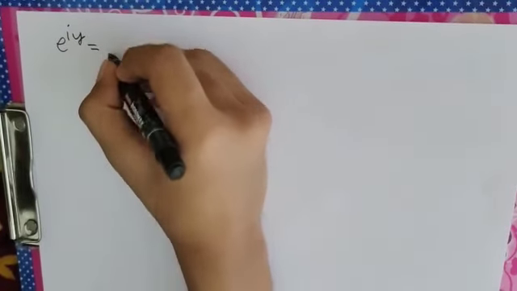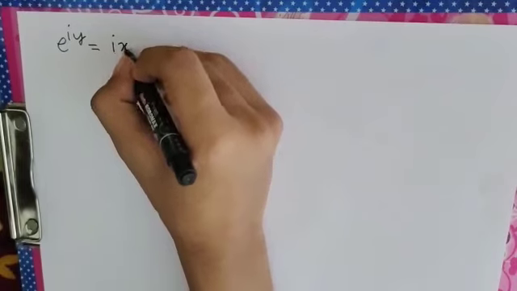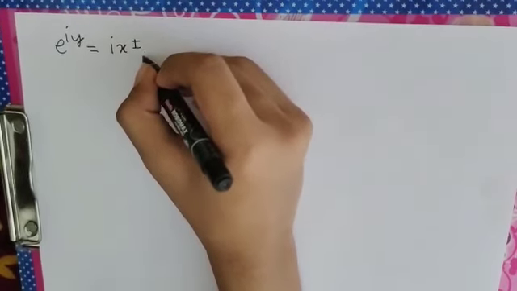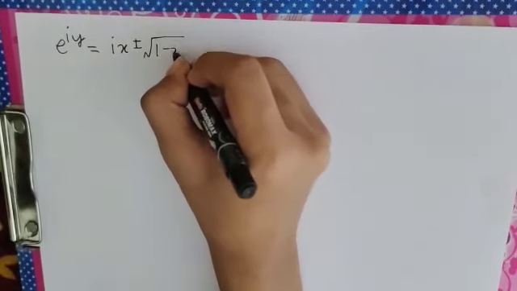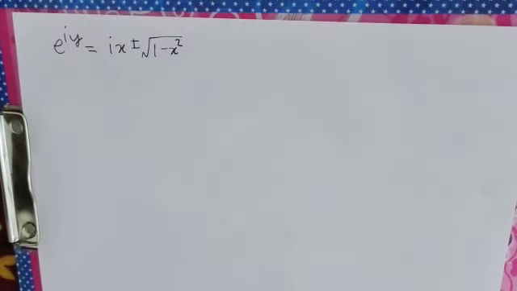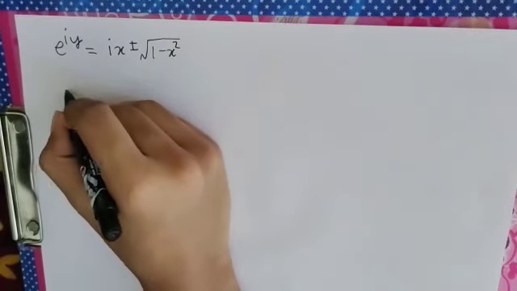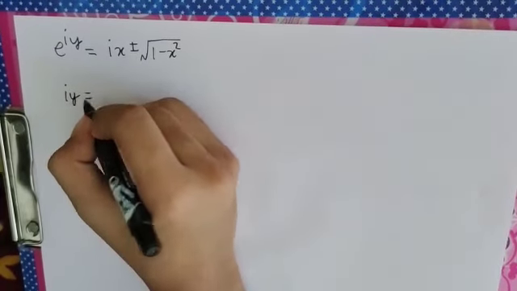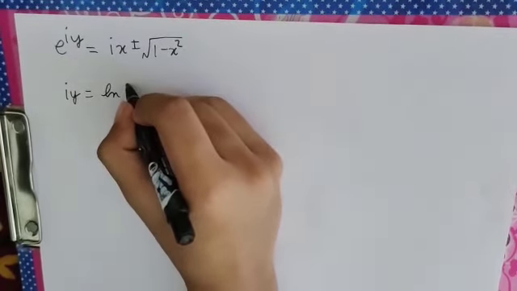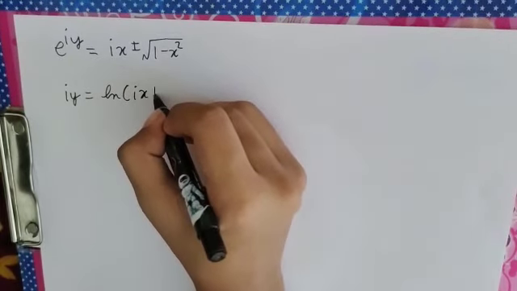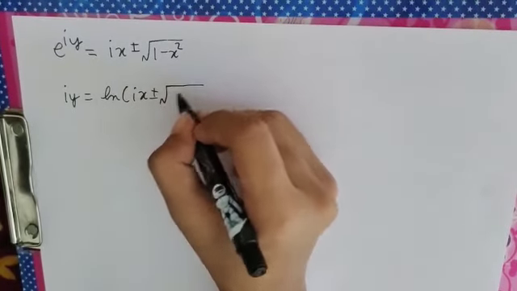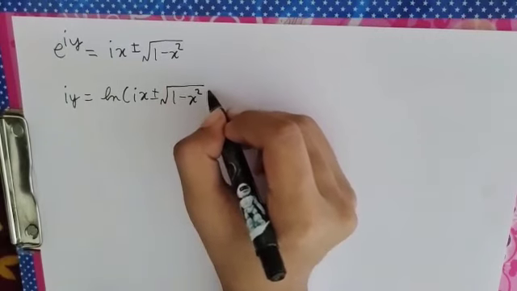Therefore, e^(iy) is equal to ix plus minus root of (1 minus x^2). Taking natural log on both sides, we get iy is equal to ln of (ix plus minus root of (1 minus x^2)).